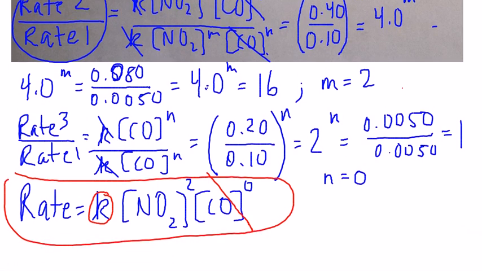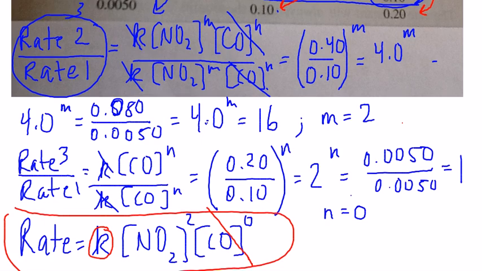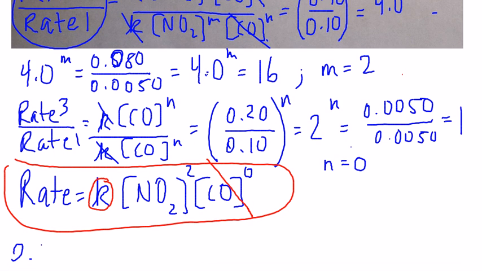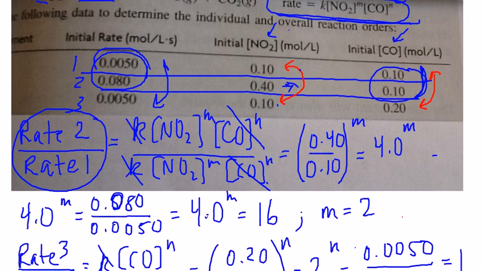So for reaction 3, the rate there was 0.050, and let's look at those units, because it becomes really important here. Moles per liter times seconds.